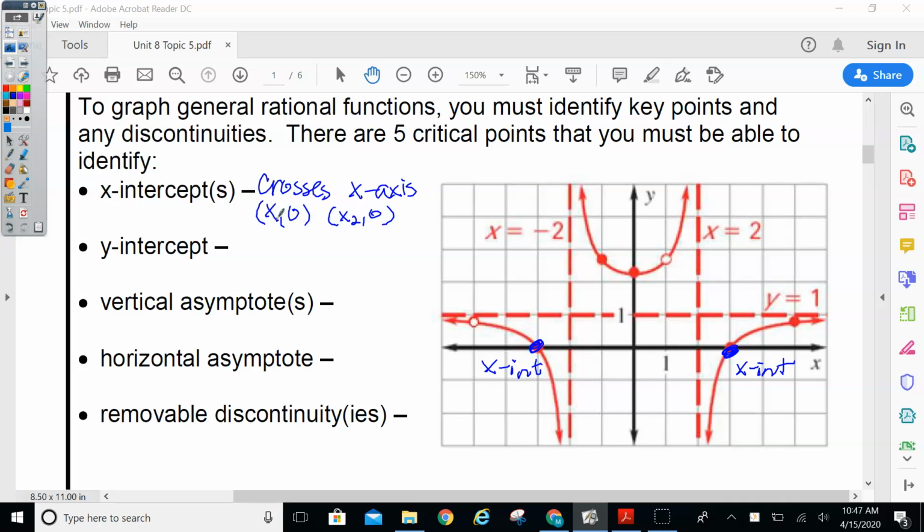You might have multiple ones. You might have 2 or 3 x-intercepts. Y-intercept is where the graph crosses the y-axis. And you're only going to ever have one of these. You can't have multiple, because then you won't have a function. And this one's always given as a coordinate, 0, and then whatever your y is, wherever it crosses the y.